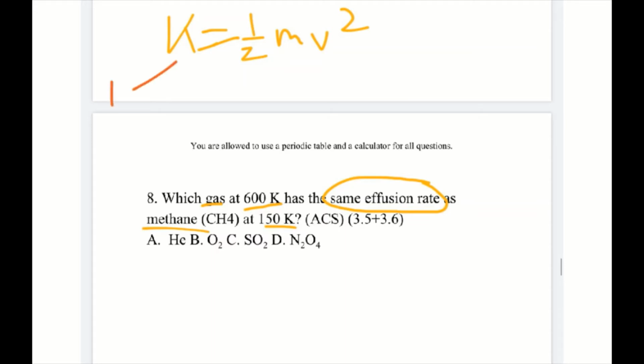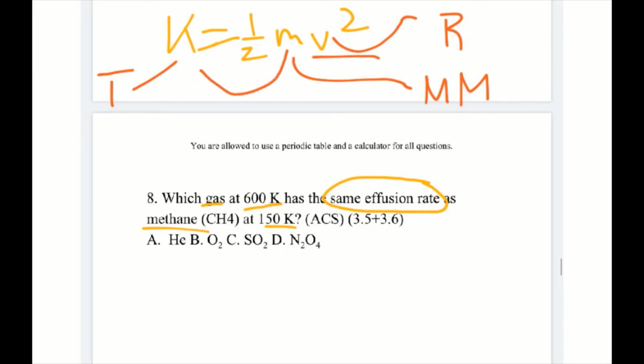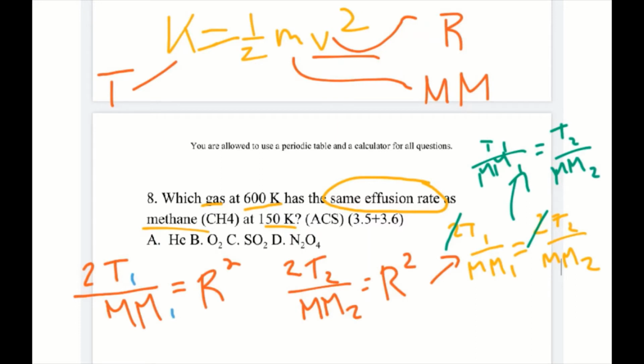So remember that K is temperature, M is molar mass, and V is either V or the diffusion rate, R. It says the diffusion rate is a constant, so we have to keep the constants on one side and move everything else to the other side. So I derived the equation by moving the M to the left side and moving the 1/2 to the left side by multiplying both sides by 2 to get this.